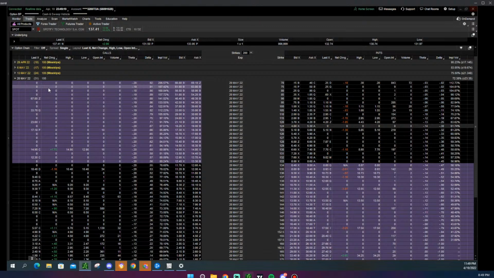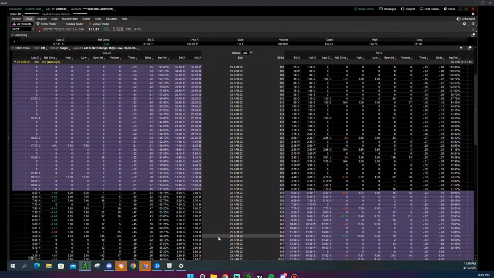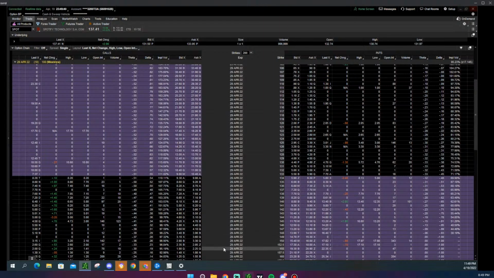So $17 puts it about 155. Interesting. If I was gonna play, I'd probably play the 145s. Safe side, play the 150s. And if you want to get crazy, 155s are not bad. It's just the open interest is pretty shitty.